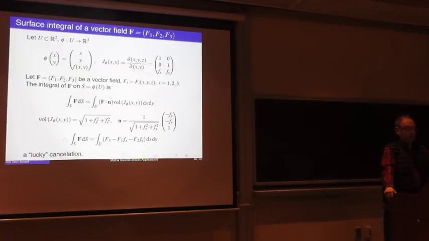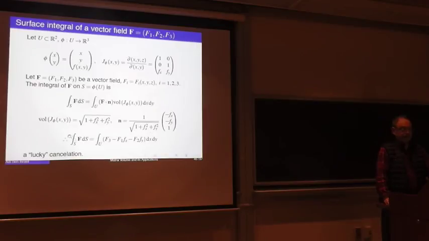That is, when I want to integrate a vector field, a force field, then the result is that this is the dot product of the force field and the normal times the area element, and now I get the cancellation of the volume.